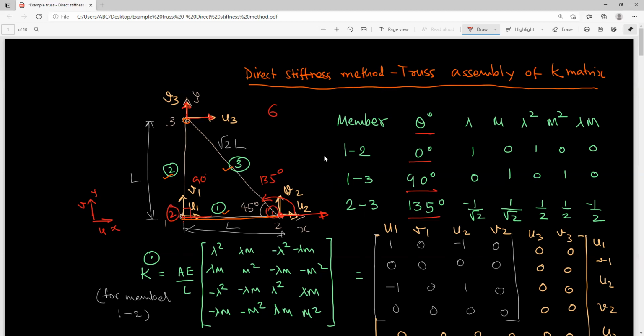But in that case, because the 1-2 direction is reversed, the orientation of the axis will be reversed, and the angle turns out to be 180 degrees. So keep in mind that if you number 1, 2 in the opposite direction, your angle will be 180 degrees.